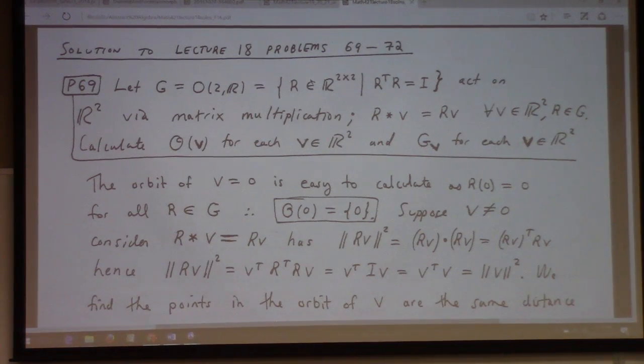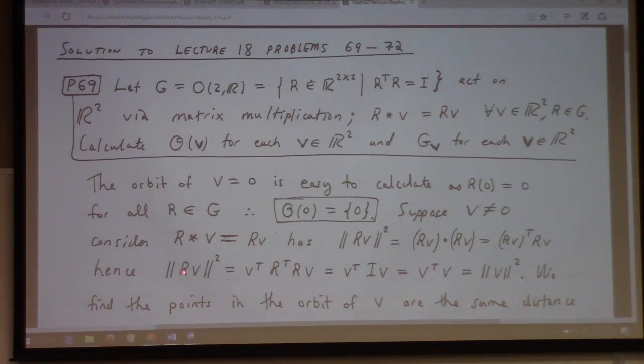On the other hand, if v is not equal to 0, then look at rv. It has magnitude squared, which is the dot product of it with itself, which is rv transpose times rv. That's v transpose r transpose r v, which is v transpose I v, which is v transpose v, which is the length of v squared.